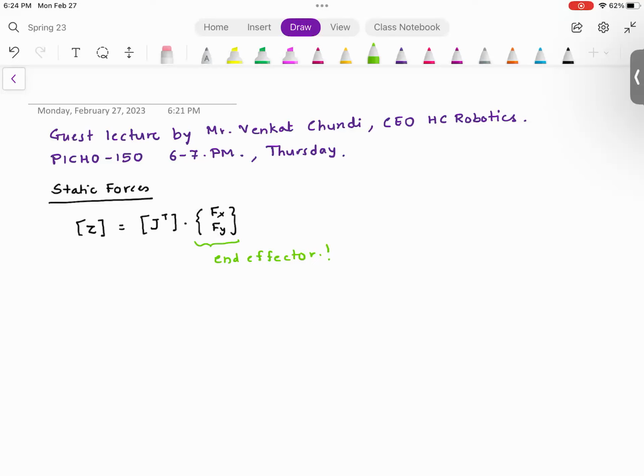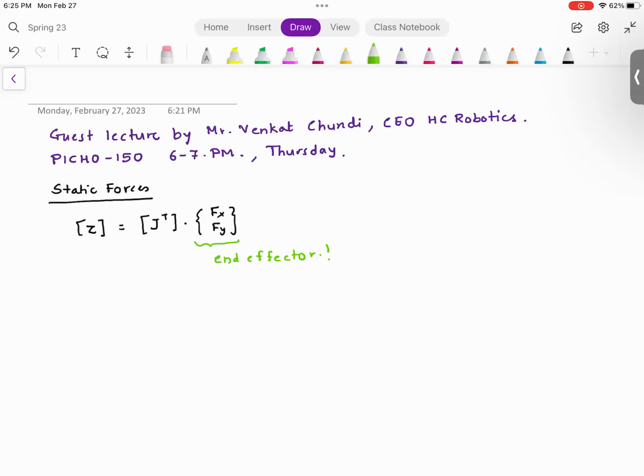So we need to somehow account for the change in the inertia properties. To start with, you need to cancel out the static forces before you compensate for the inertia properties in motion. So static force analysis, this equation is super important.